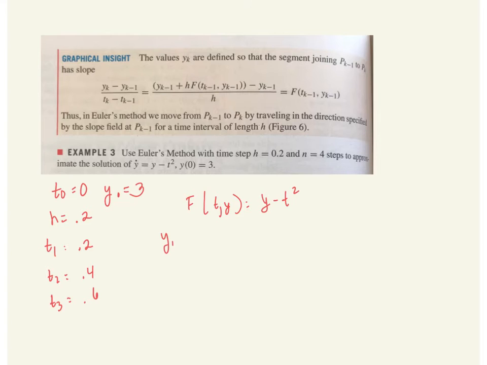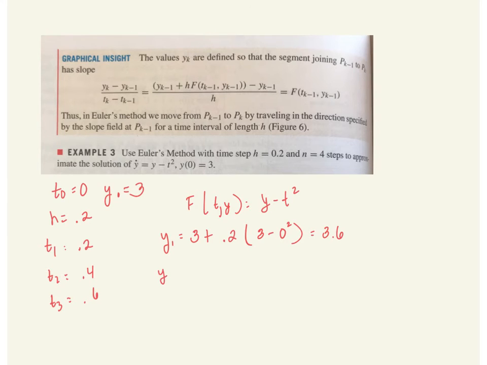So y1, the first approximation, we would need y sub 0, which is 3, plus the step, 0.2, times y sub 0 minus t sub 0 squared. We're using the previous values to calculate the current values. So we would get 3.6 here.